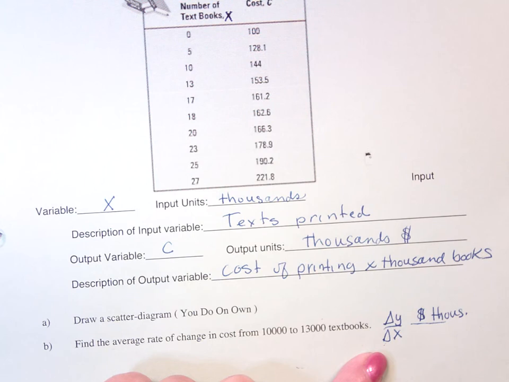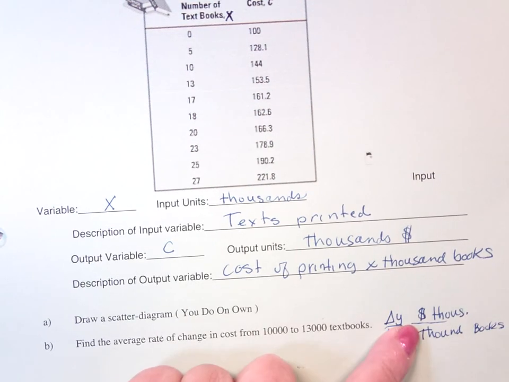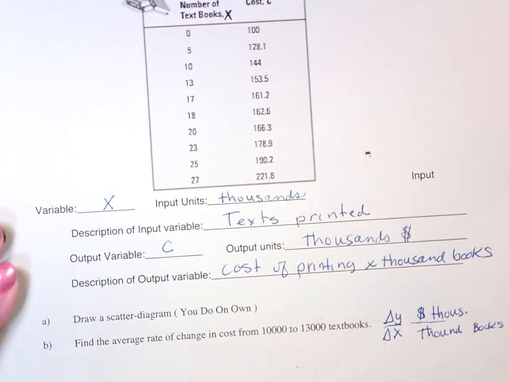And my units on x happens to be thousands of books. And so it's going to be dollars per thousand. That's the rate, dollars per thousand, because the y is dollars and the x is thousands.